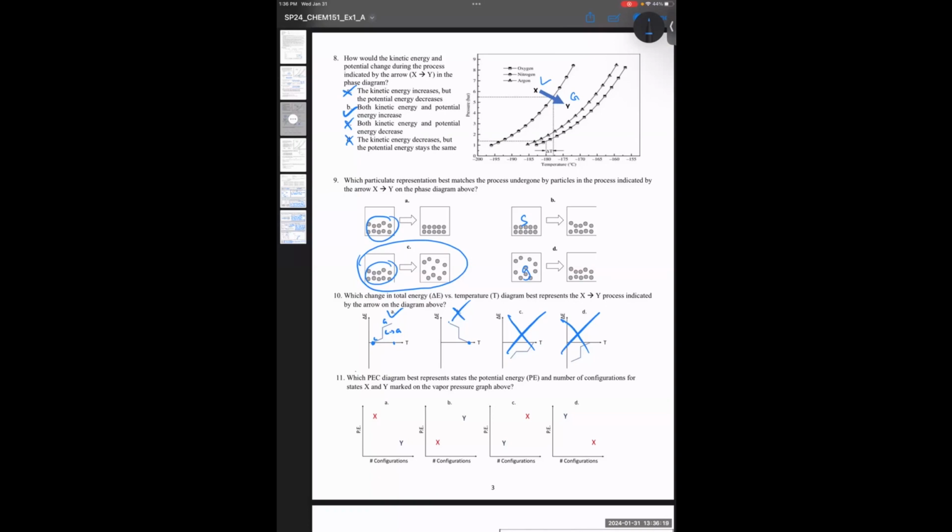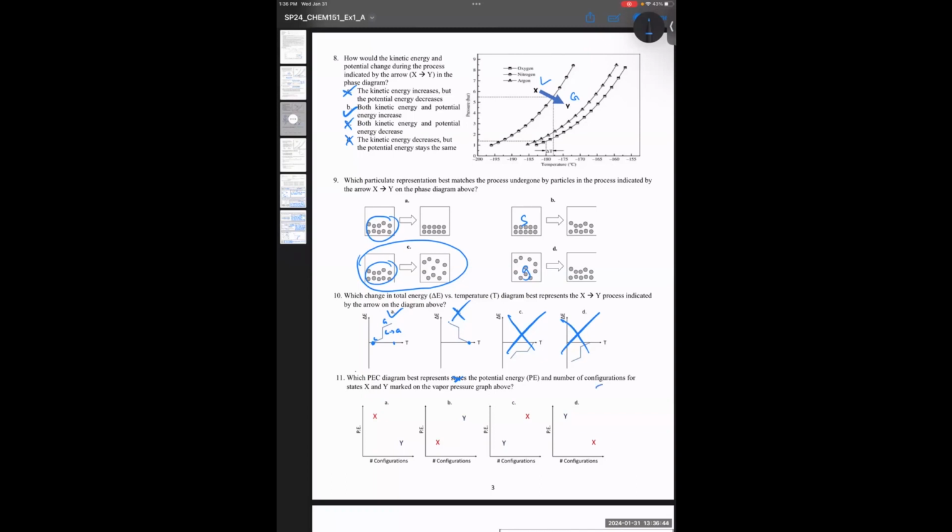Question 11, which diagram best represents the potential energy and number of configurations for states X and Y marked on the vapor pressure graph above? X is a liquid, and Y is a gas. Liquid has strong attractive interactions, meaning lower potential energy.